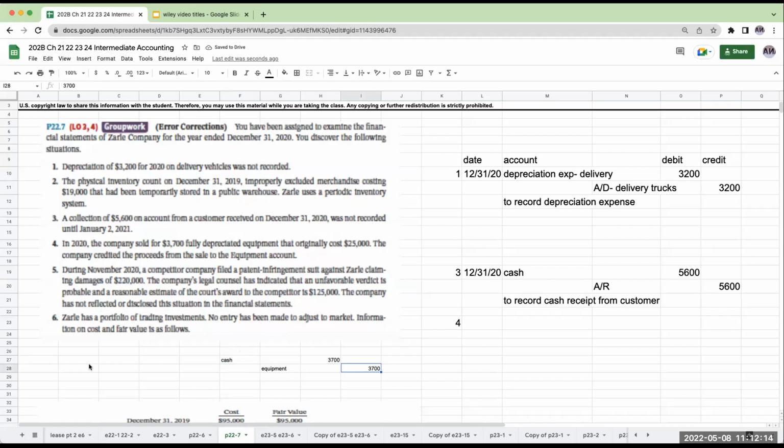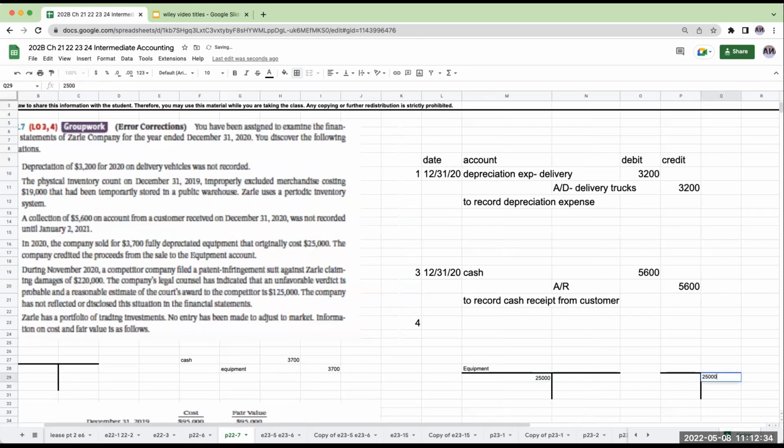Now, if the equipment was fully depreciated and there was no salvage value, let's think about this. So what happens over here is I have equipment, and this is going to be pre-adjustment. Basically, this is what I have. Now, when I sell equipment, what I need to do is the following. So over here, this is going to be 12/31/20.